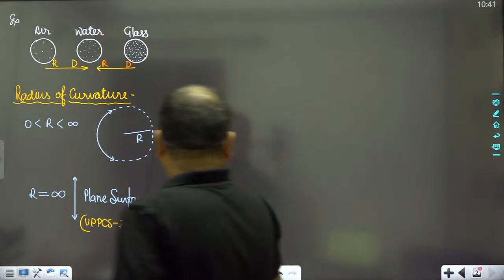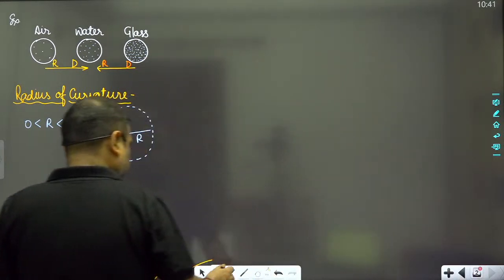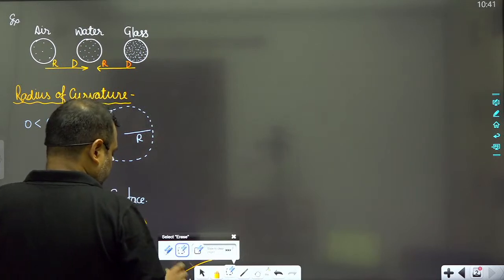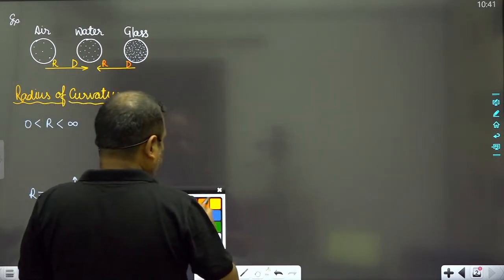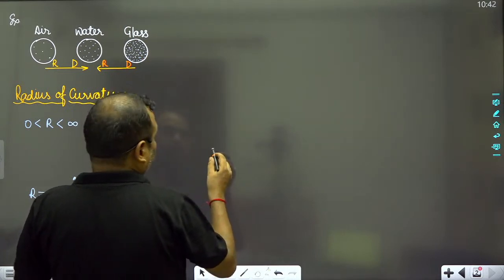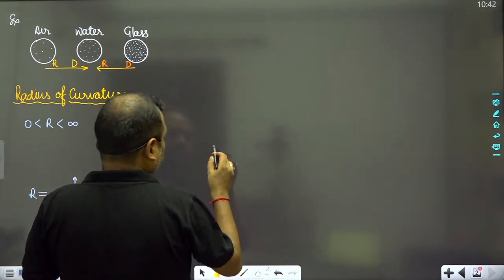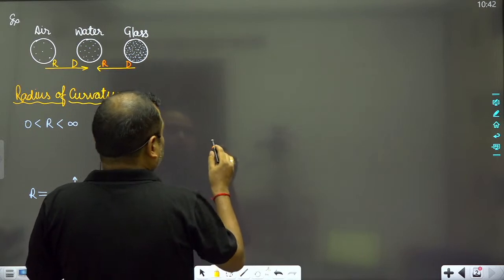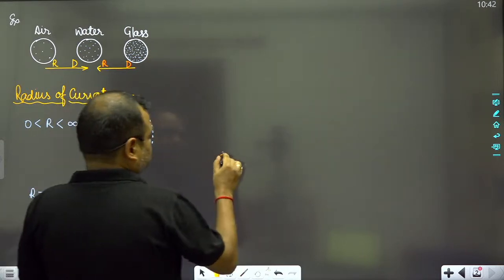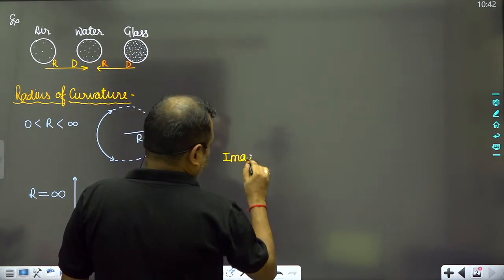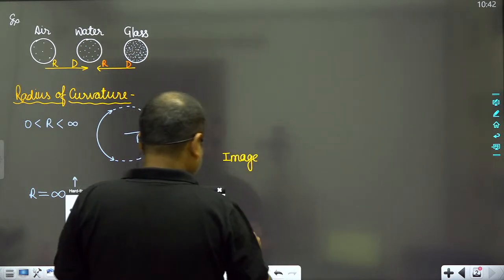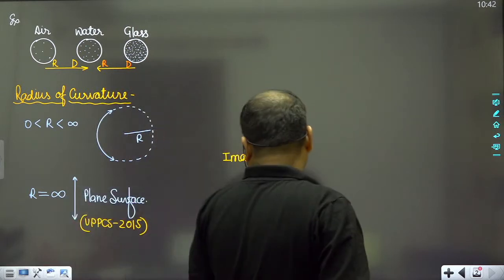So when we talk about the image, there are two types of things.